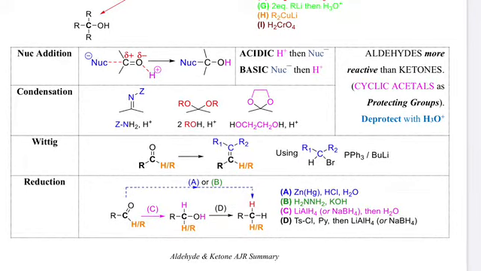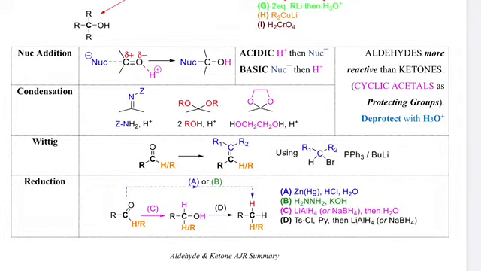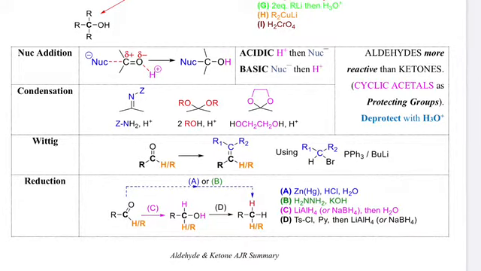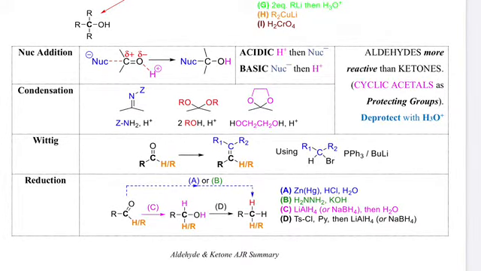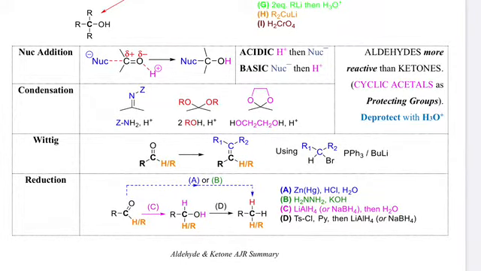However, you can also do these nucleophilic additions under very acidic conditions. This allows you to get protonation first, then nucleophilic attack second. So nucleophilic additions work for aldehydes and ketones, and they work under acidic conditions, and they work under basic conditions.